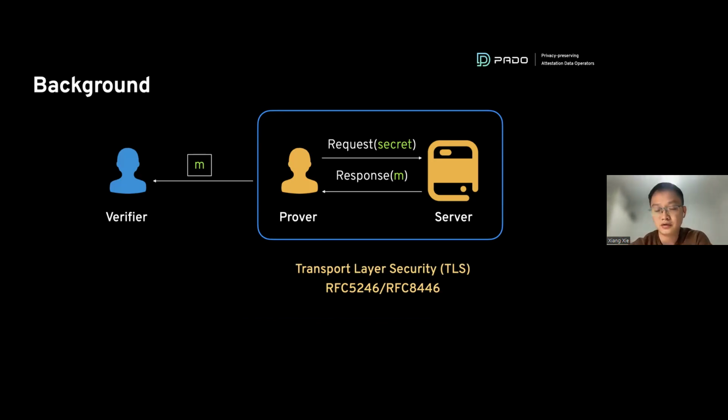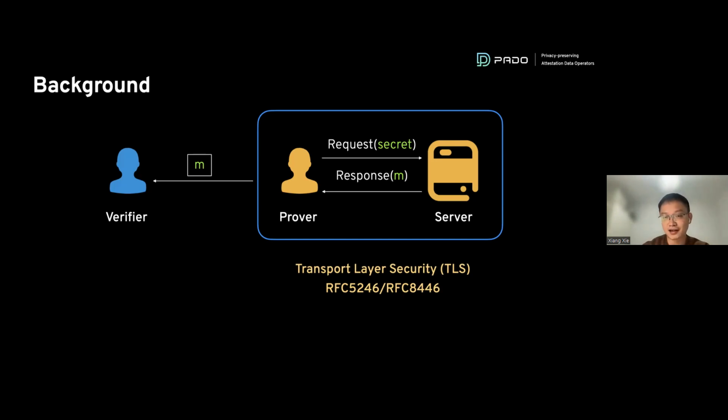For example, when you're using browsers, you're using HTTPS, and then you're using TLS. So we are focusing on TLS. There is TLS 1.2 and TLS 1.3, and in this presentation we are focused on 1.2. But the technique here is very straightforward to extend to TLS 1.3. So I think so far so good.